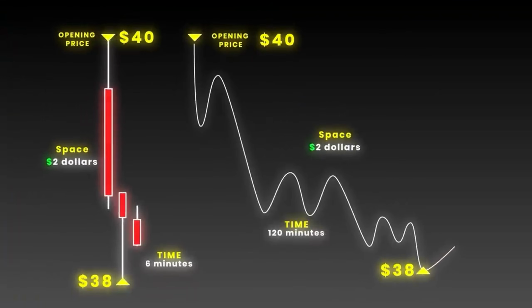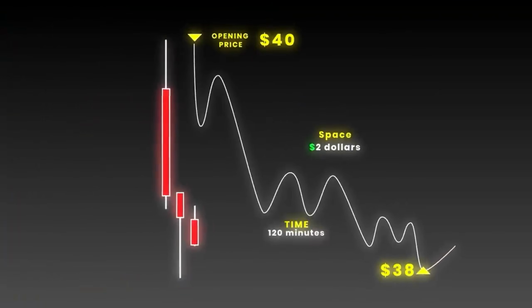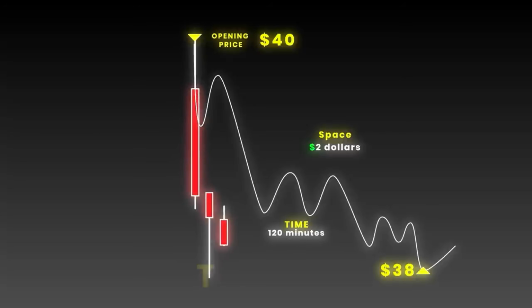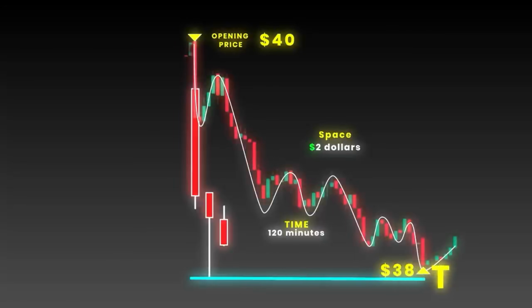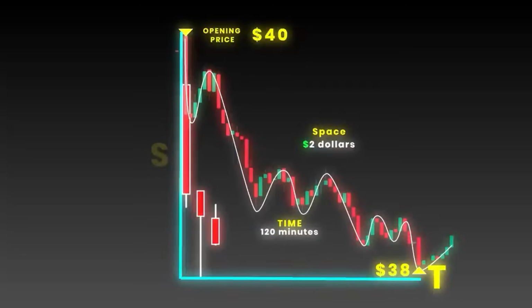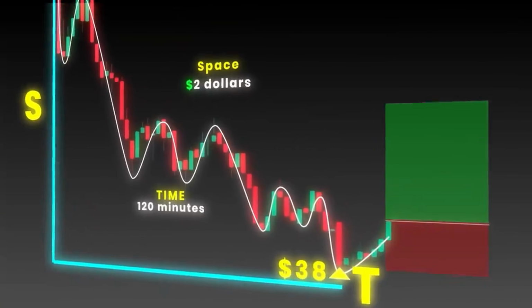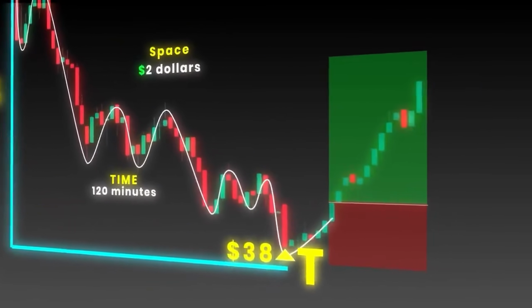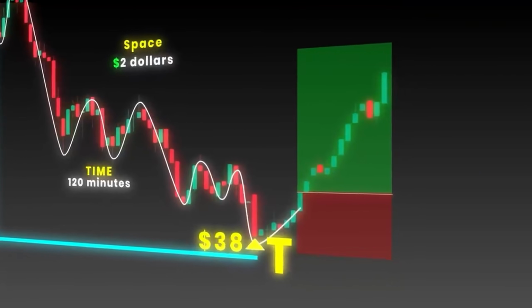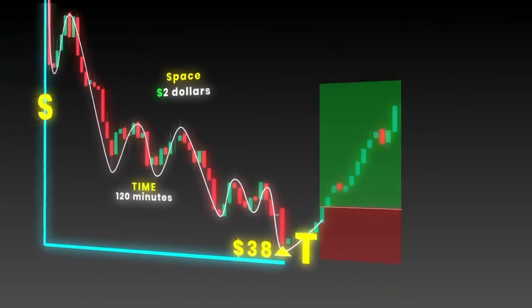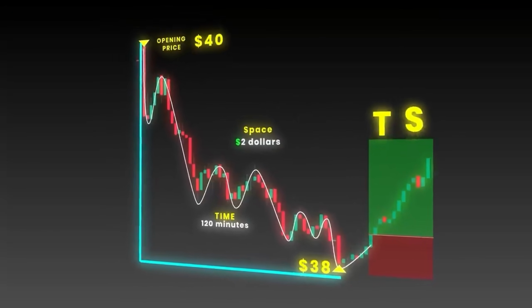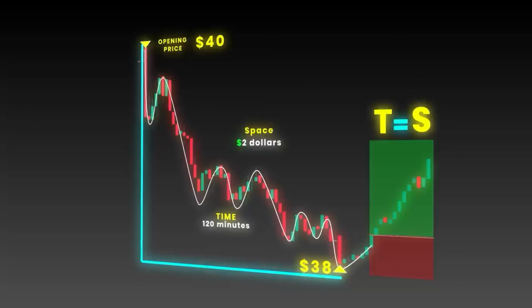So now we've got the same drop in space, but the time is starting to become equal to the space. And so any attempt here to move up is more likely to be real because my time axis and my space, they don't have to be perfectly equal, but they're more equal.